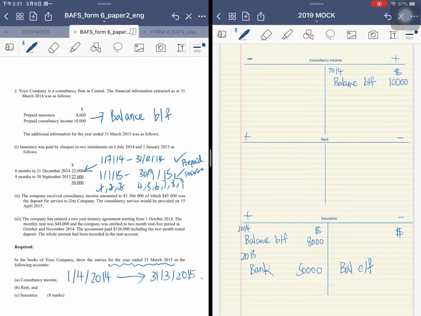The 6 months will be 18,000 because we have 27,000 times 6/9. So for the remaining, we have the profit and loss account, which is 40,000.